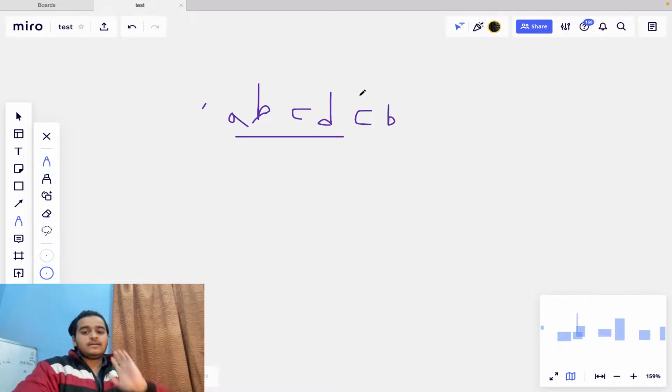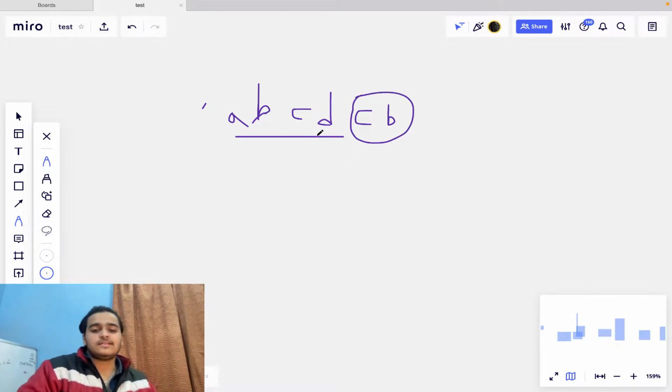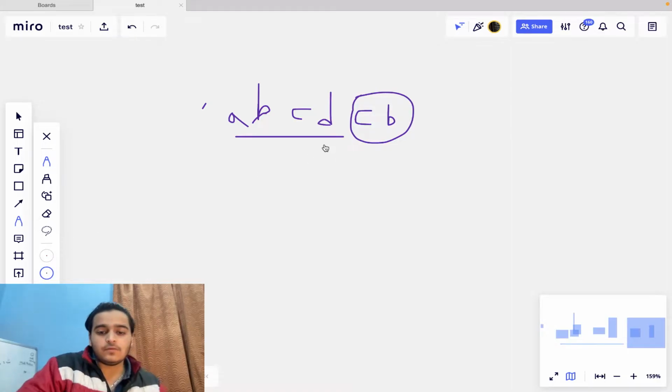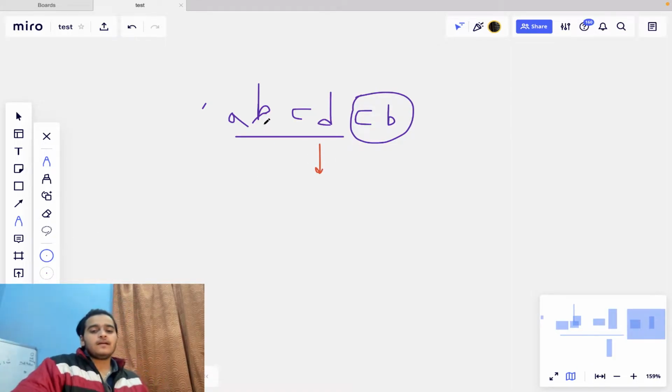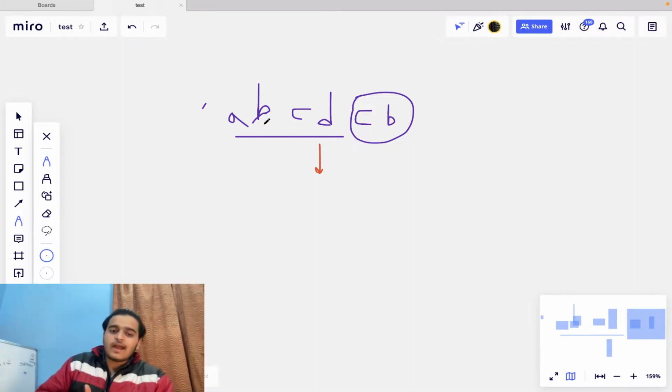Let's suppose C and B are the repeating ones. So this can be the string. What we have to do is arrange this string so that the letters which occur more than once appear in the string at equal distances, right?